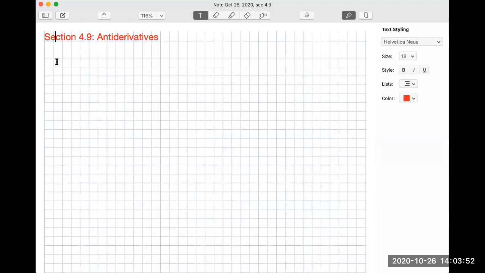So we know how to compute the derivative, right? And now we want to know how to do the inverse process, how to find the antiderivative. Let me stop recording and start a new session.